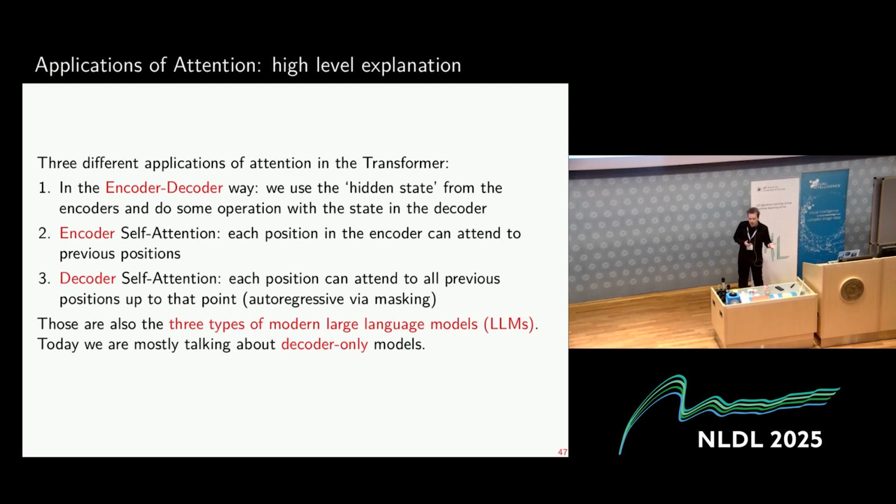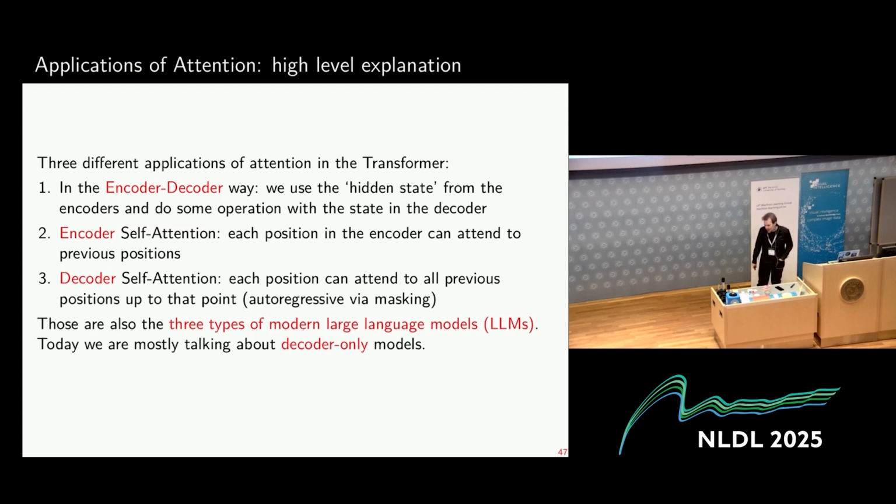And finally, we have the decoder-only models, which basically just attend to all the previous positions in the input and decode the output. These are also called autoregressive language models, right? Autoregressive modeling. And today, we will mostly be talking about these types of models.